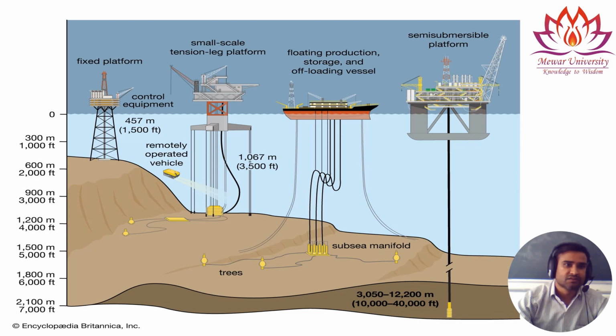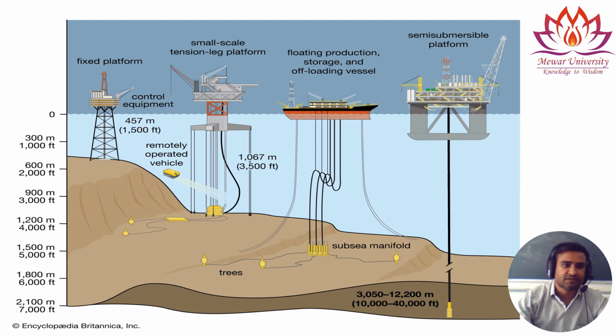Further we have the tensile leg platform. In the tensile leg platform, these legs can be extended towards the surface of the sea. This can be used up to 1067 meters or 3500 feet of depth.